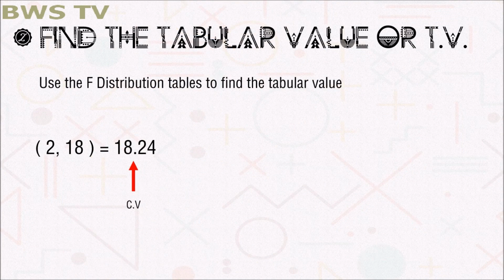Next part, we have to find the tabular value or TV. All we need to do is to use the F distribution tables and the values of DFB and DFW to find out the TV. Remember that the significance level is usually stated when you're given the set, but if not, then automatically use 5.